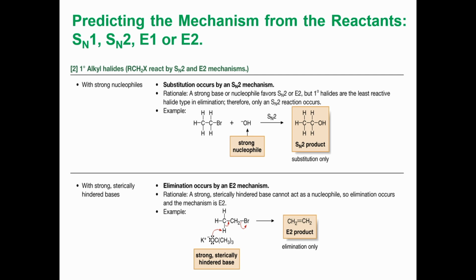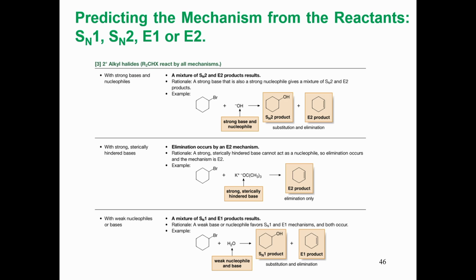Now, with primary alkyl halide, we are going to have substitution reaction instead of elimination, because in the presence of a strong base, with primary alkyl halide, substitution is favored over elimination, while tertiary alkyl halide favors E2 in the presence of a strong base or strong nucleophile. But when I have primary alkyl halide and I'm using strong or sterically hindered bases, E2 will predominate.